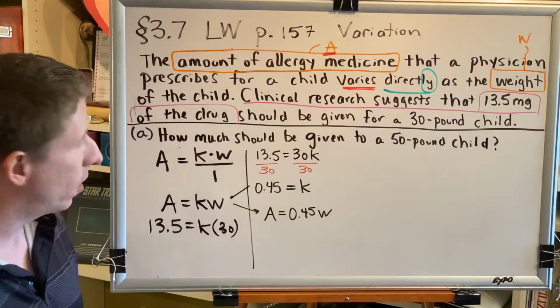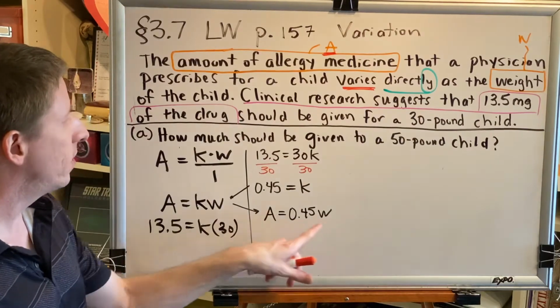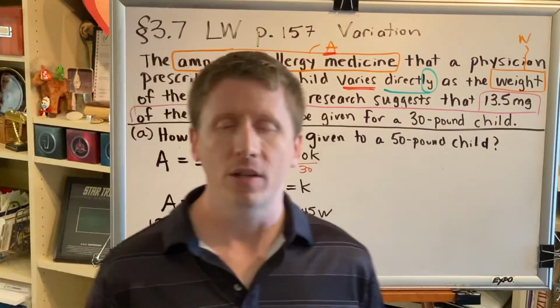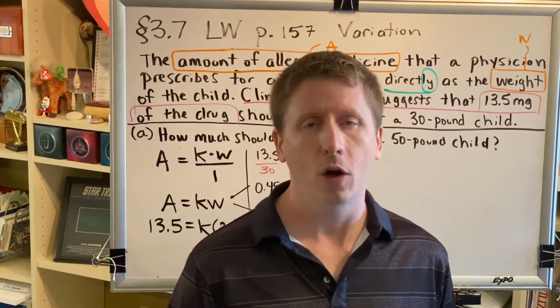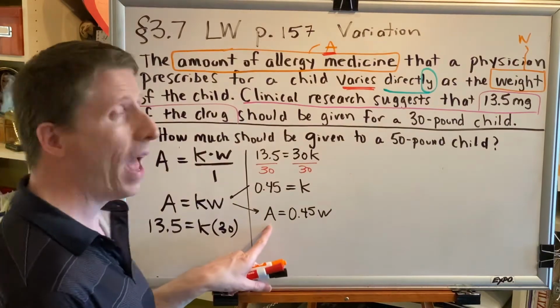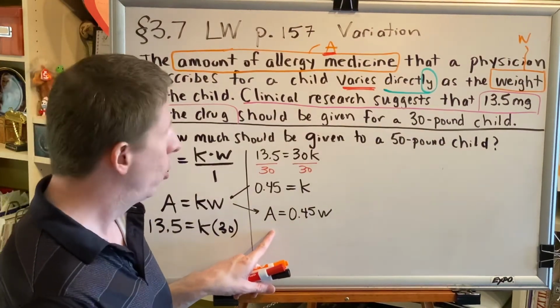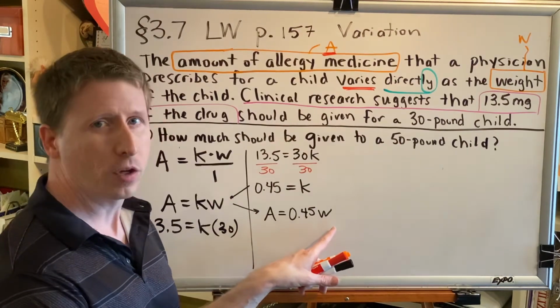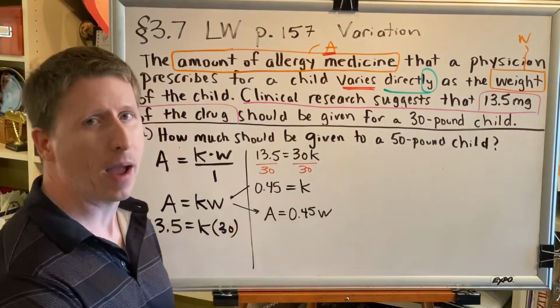Now you might be thinking to yourself, why don't we also replace the A and the W? We have numbers for those. And the answer to that question is, we're trying to create an equation that allows us to predict the future. For any amount A that we have in the future, we can plug into this equation and find the weight of the child that should receive the dosage of that amount.